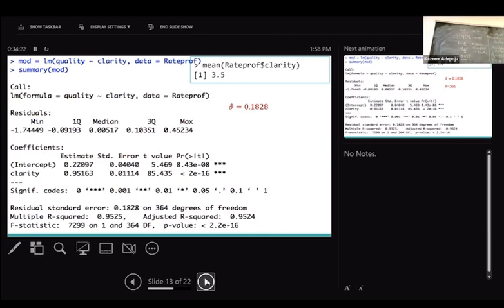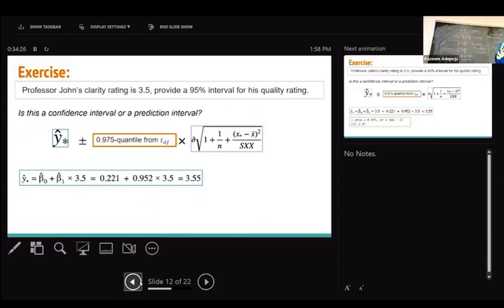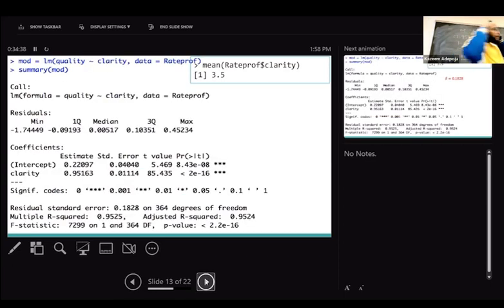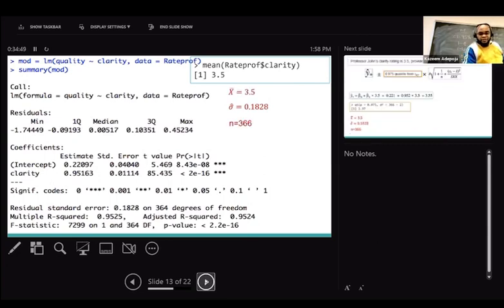Then if you need x bar, if you look at the formula, that would be the mean of clarity, which is going to be here. Look at that: mean of rateprof$clarity. That will give you that, right? Your n is 366, and your x bar is 3.5.